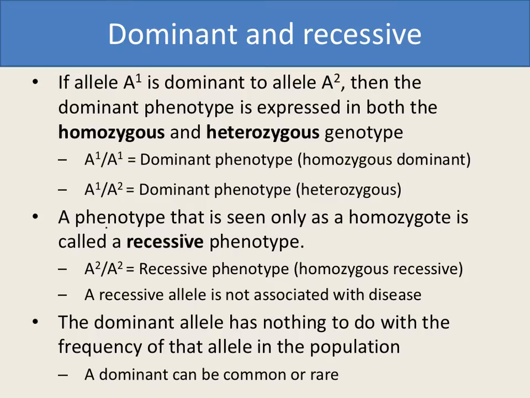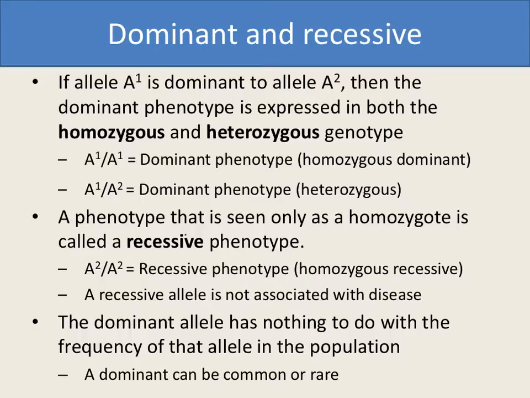Okay, so same thing. If we're dominant, A1, you get the dominant phenotype, homozygous dominant, and you also get the heterozygous dominant with the dominant phenotype as a heterozygote. And then only the homozygote is called a recessive phenotype.